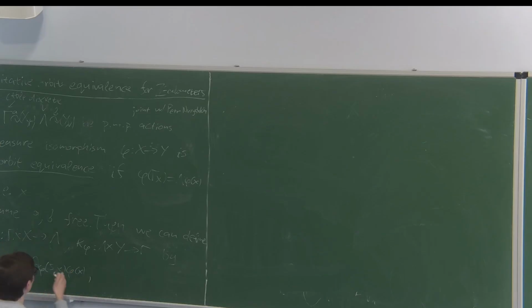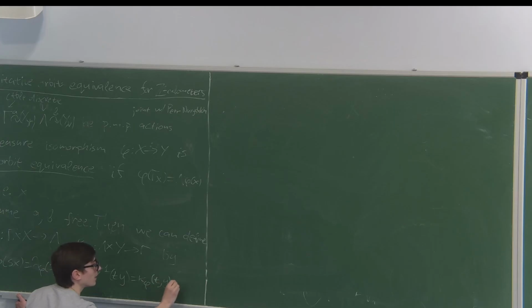And the same thing, but for the inverse to encode this action. So phi inverse of some, okay, let's say t y should be the same as kappa phi t y, phi inverse.